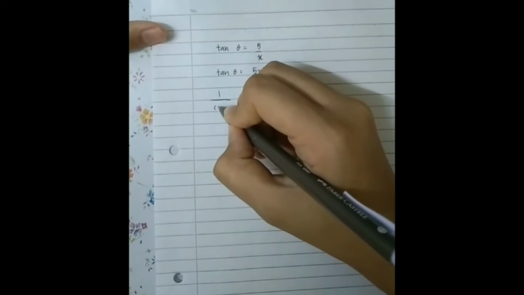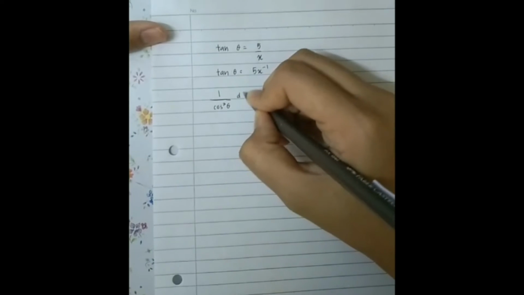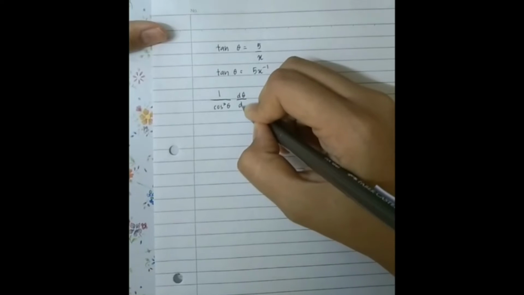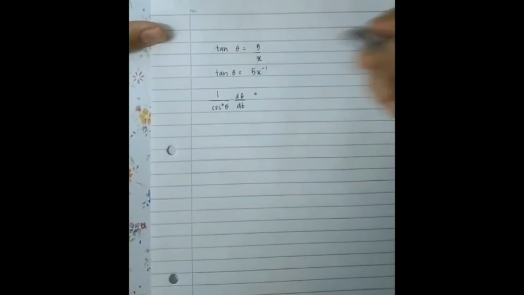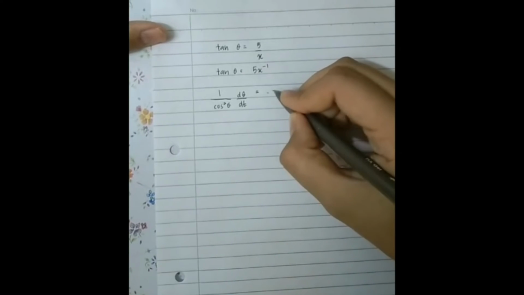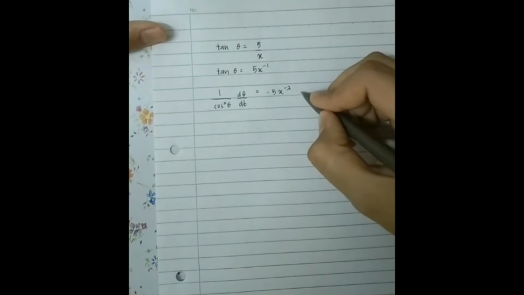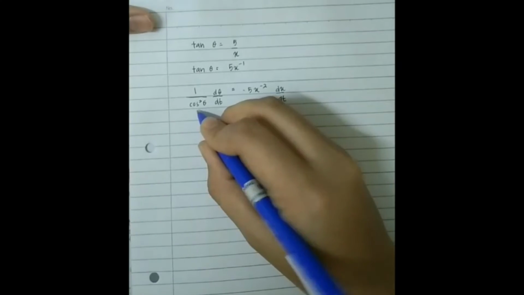When we differentiate it, we will get 1 over cos to the power of 2 theta, d theta dt. And when we differentiate the other side, we will get negative 5x to the power of negative 2, dx dt.